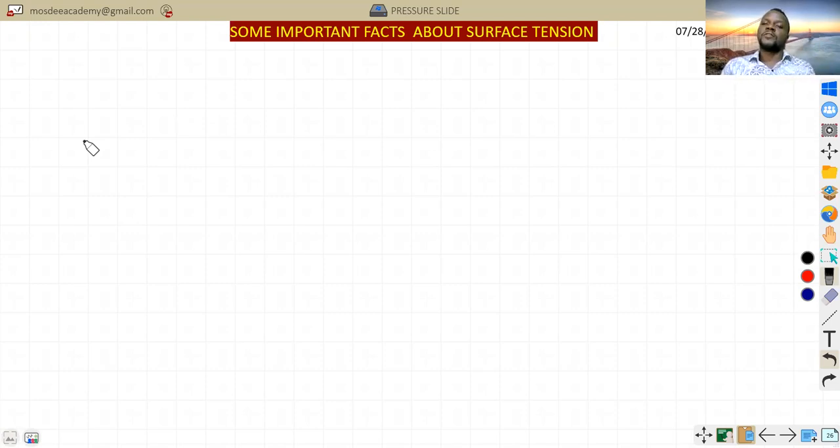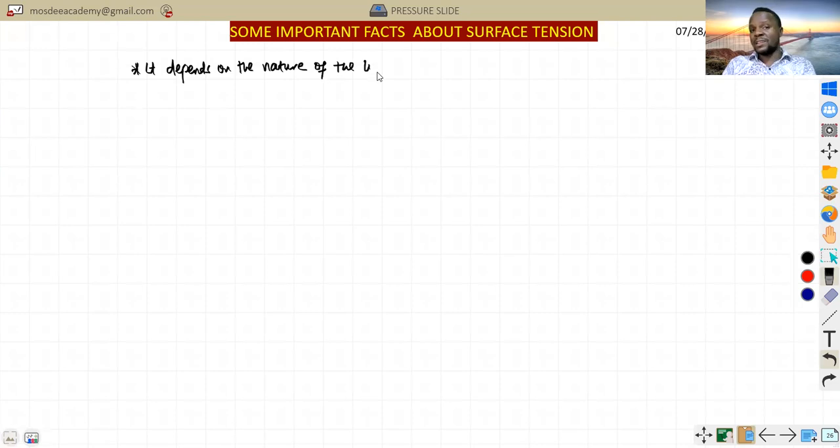So, writing some important facts, as we have studied, it is only the force that acts on the surface of a material that we call surface tension. And because of that, it depends. Let's put down a note. I think it's always good to put down a note. It depends on the nature of the liquid.